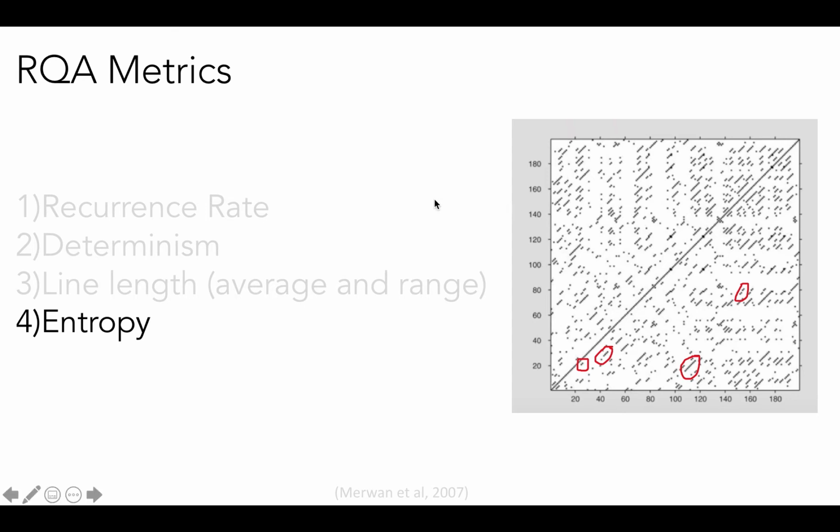The more variance in both length and variety of length, the higher the complexity of the system. So that is the basics of RQA.